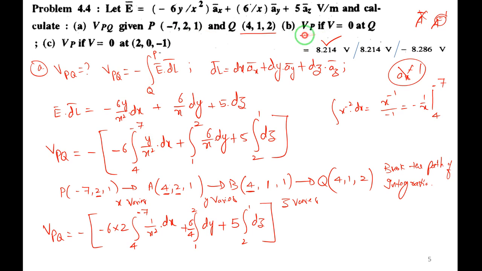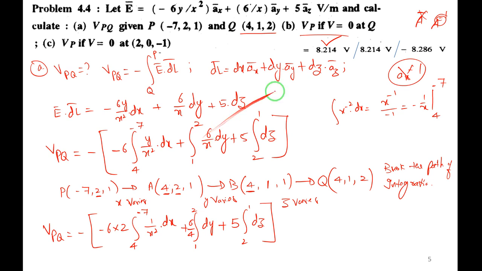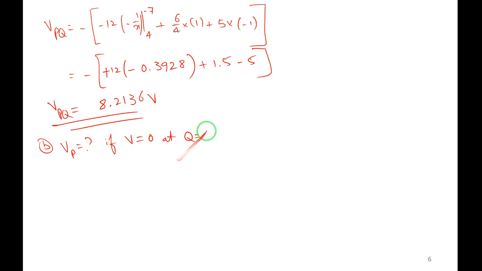Part B: find out VP if V is equal to 0 at Q. What is Q? Q is 4 1 2.